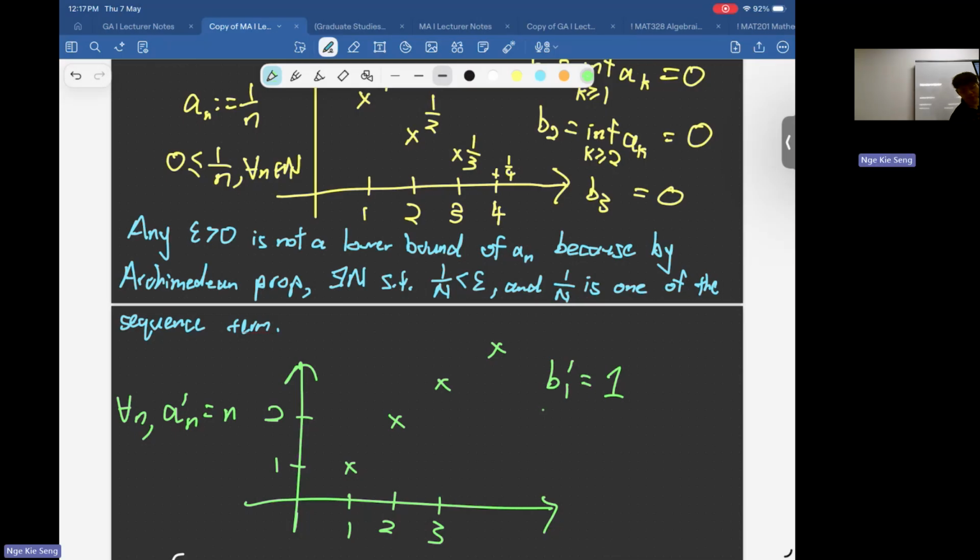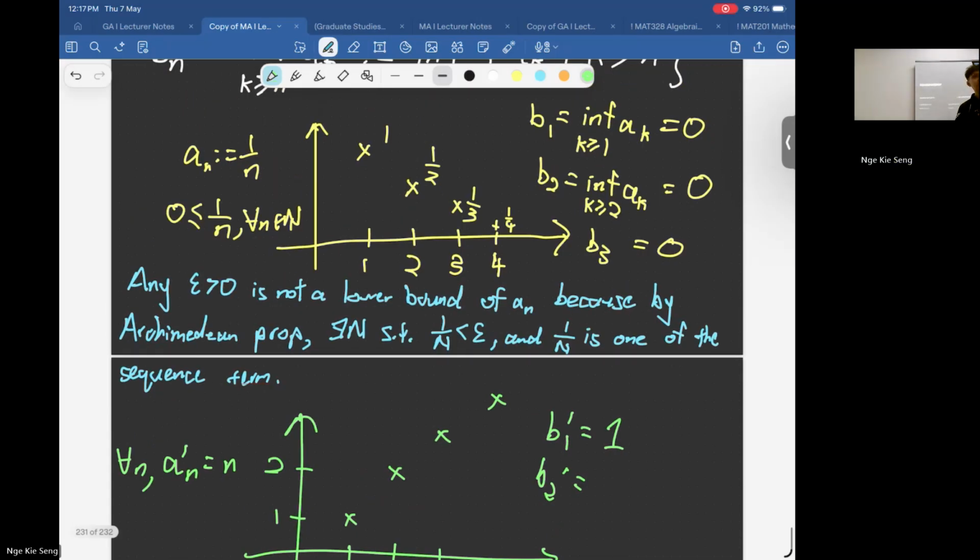How about B2 prime? Yeah, I throw away the first term, then I look from the second term, and you still look for the infimum. Yes, that's right.